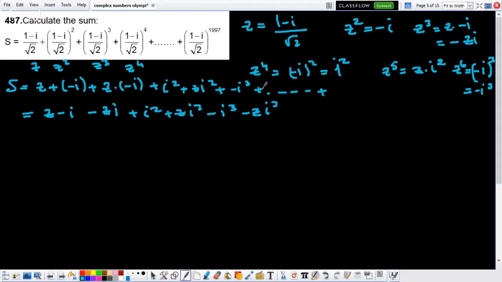The last terms, of course, if it is i to the power of 6, it's equal to minus i to the power of 3, then i to the power of 1996. I'm going to get the half of them here. This is z to the power of 2, this is z to the power of 4, this is z to the power of 6. So half of them is equal to 998.